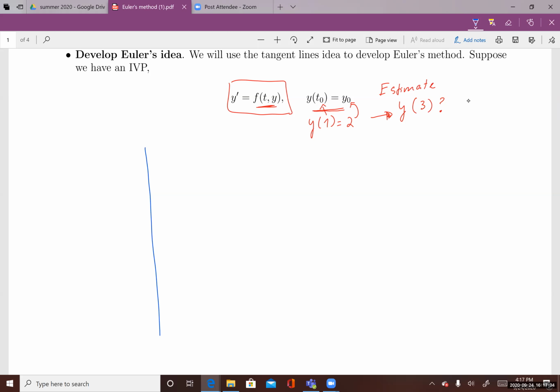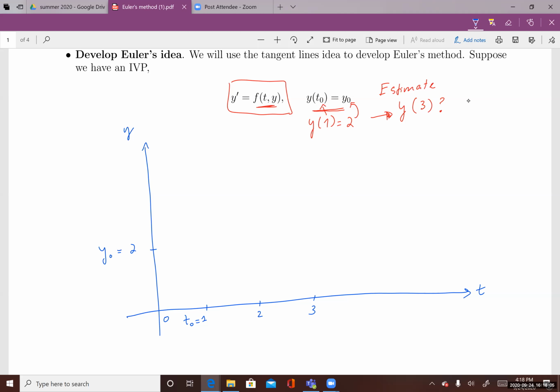So I have, this is t and this is y, right? And I have t0 is 1, 0, 1, 2, 3. And I have y0 is 2. This is t0 equals to 1.